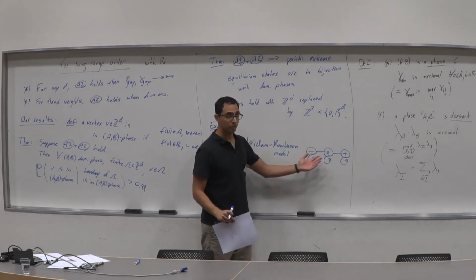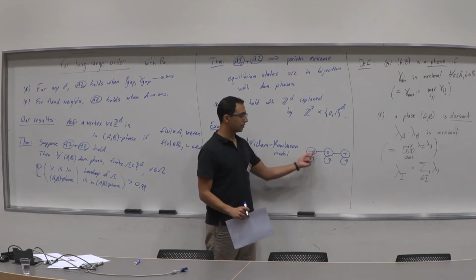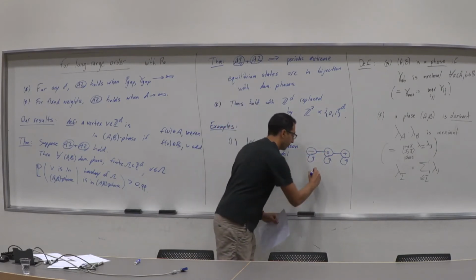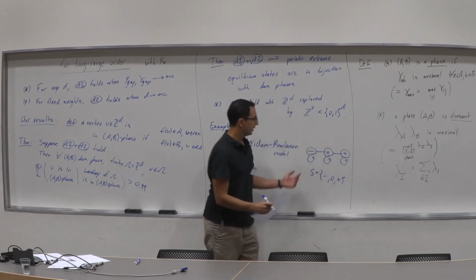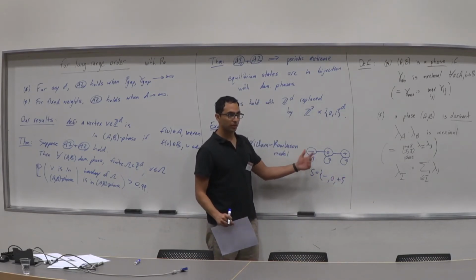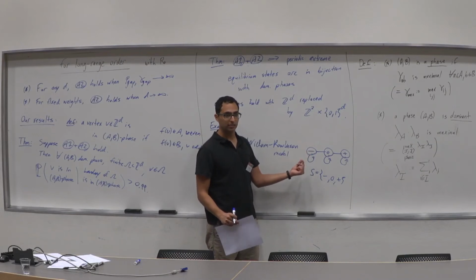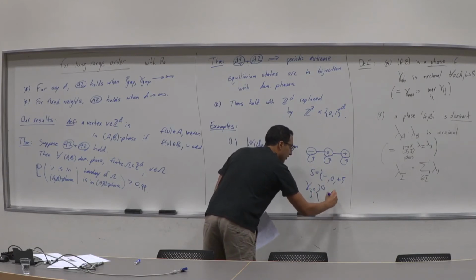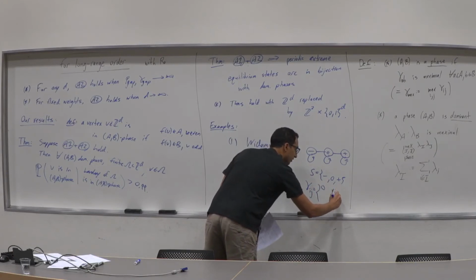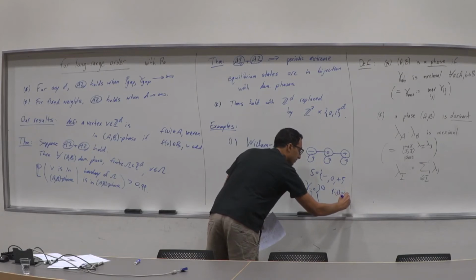It's a graph, and the vertices are the spin values. So S is minus, 0, and plus. An edge corresponds to whether an interaction is allowed or not. So it means that the gamma ij's are 0 if i and j are plus and minus.